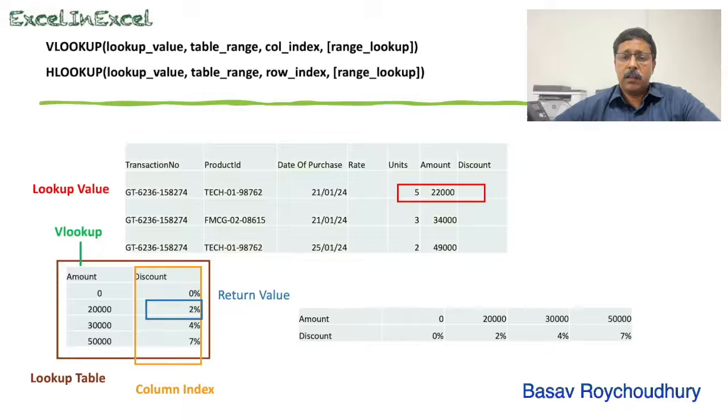It is still not. So none of these values are greater than 55,000. There is no more space to go, so it settles down for the last value, that is 7%. So if the amount of purchase was 55,000, the Vlookup for an approximate match would have returned 7%, which is exactly what we wanted.